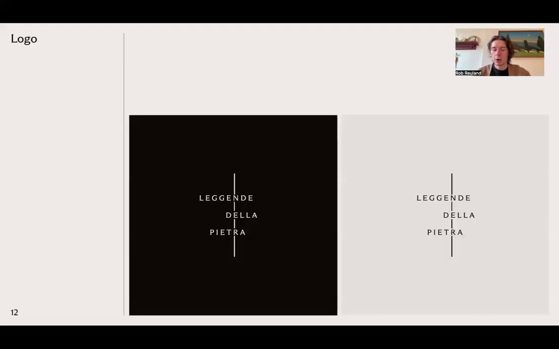Just going into the design, I wanted something that was going to be light, and a lot of my previous iterations were kind of heavy and were not exactly doing what I wanted.